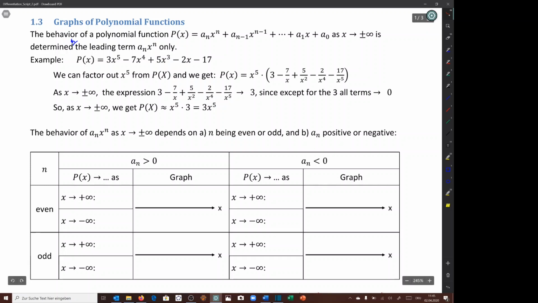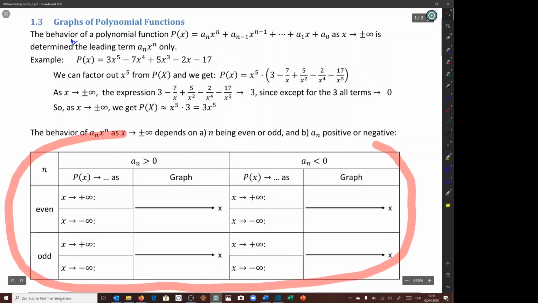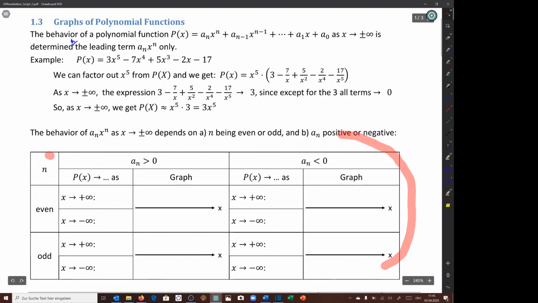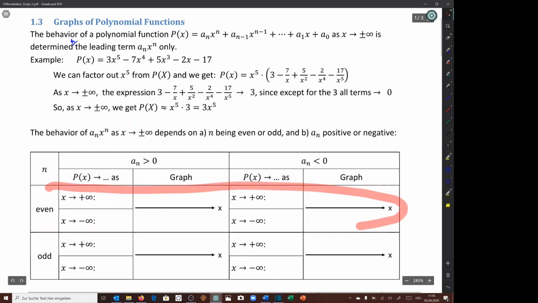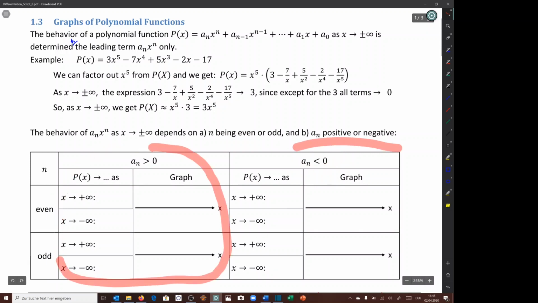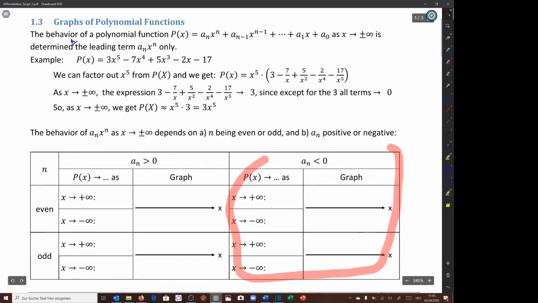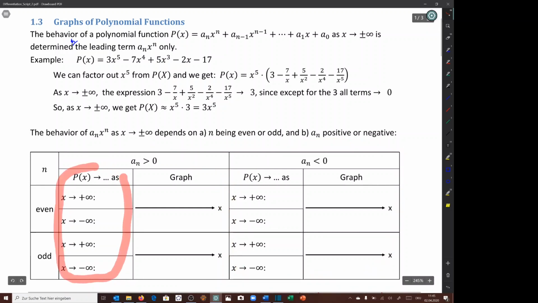Let us visualize this behavior by filling in this table here. Here we have the n, so either it is even or odd. Then we look at a_n being positive or negative, so we have a_n positive here and a_n negative here. And now let's look what happens with the value of the polynomial.